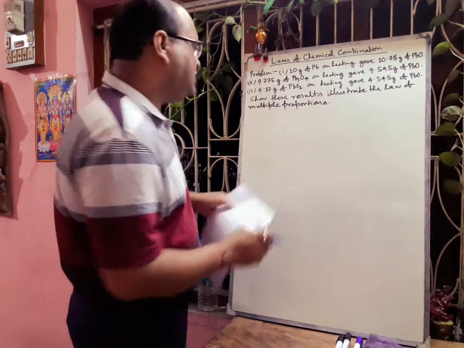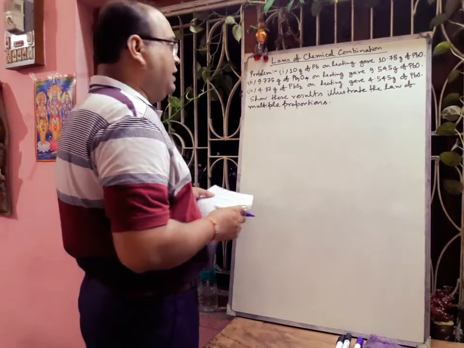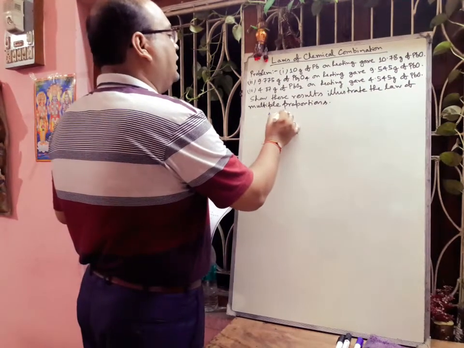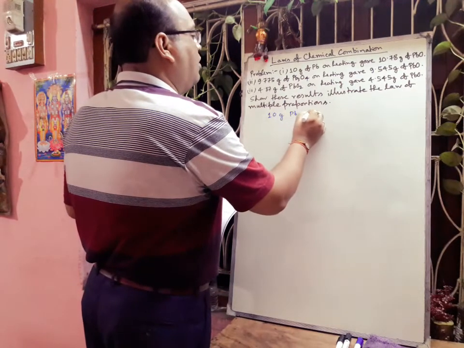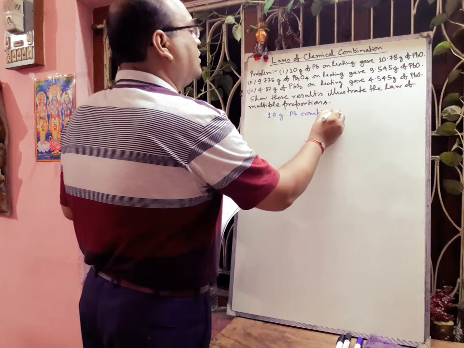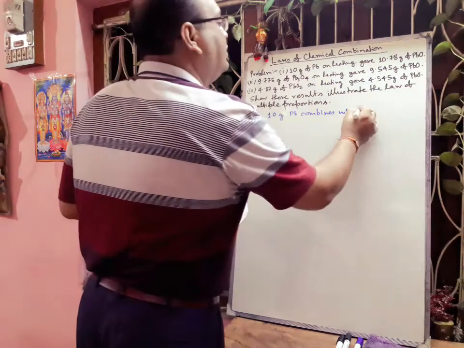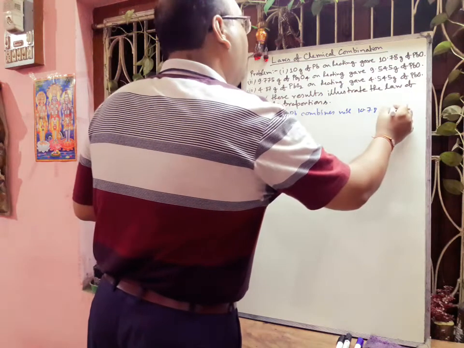So from the first problem we are studying, in the first case it is given that 10 gram lead combines with 10.78 gram PbO.